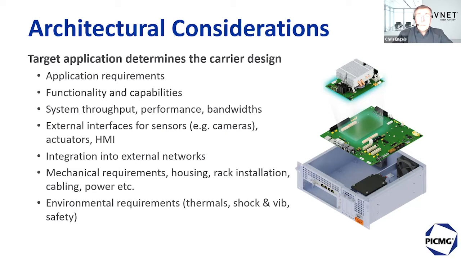If you break that down into individual components inside your design, then you also touch the COM-HPC module and the COM-HPC carrier. And those requirements have an impact on the module requirements as well as the carrier requirements.